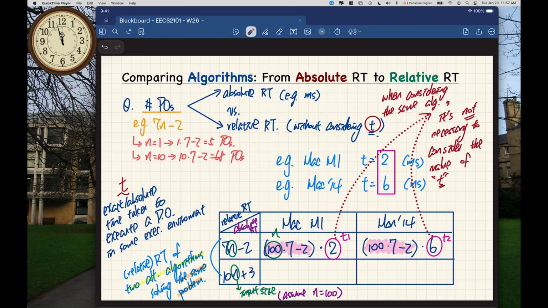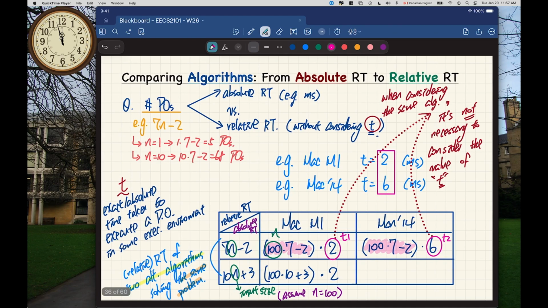Let's write it down. That one there is going to be, again, 100 times 10 plus 3 multiplied by the same t, right? You can see that it's the same t value. Let me highlight it. You can see this part here is really the same, whereas this part over here is different.